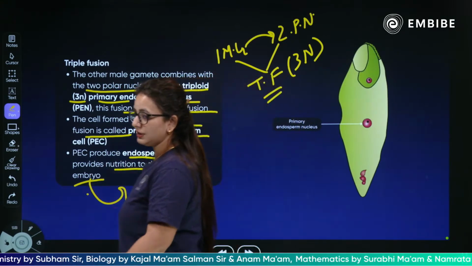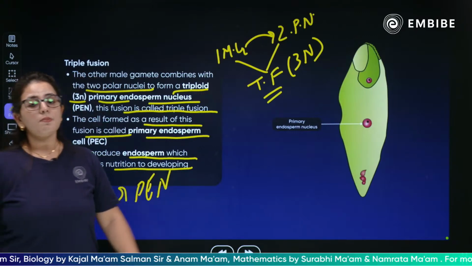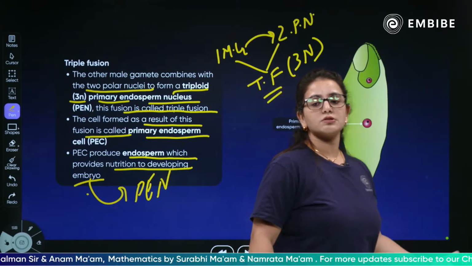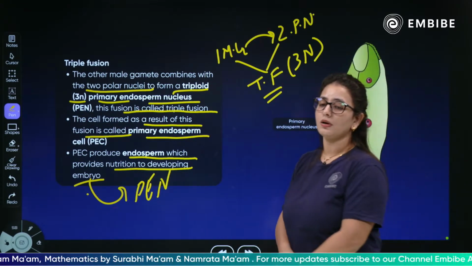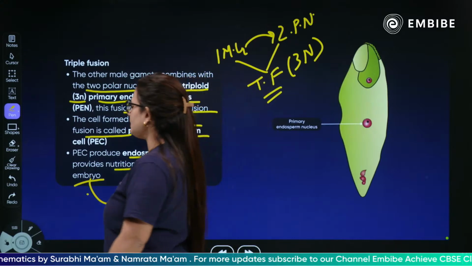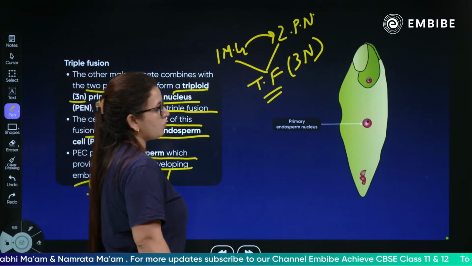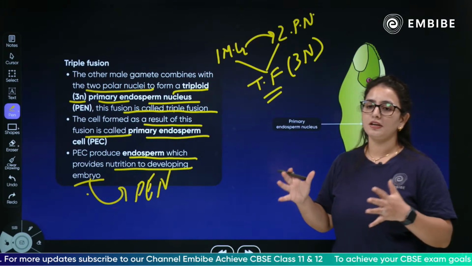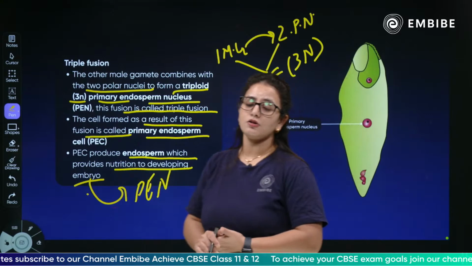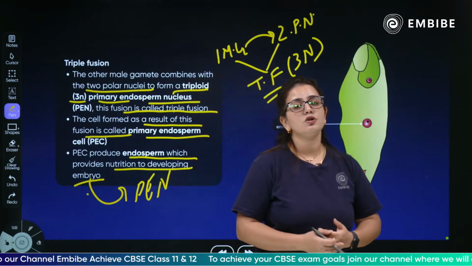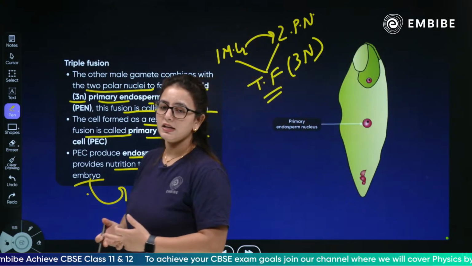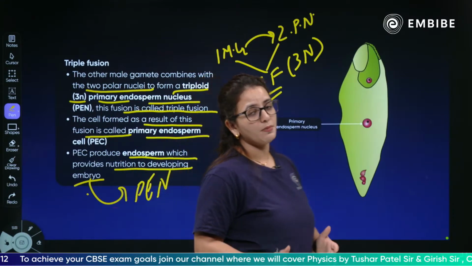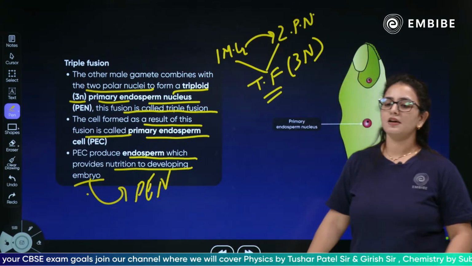The endosperm, formed by triple fusion, gives nourishment to the developing embryo. Clear, everyone? Triple fusion is the only method of creating the endosperm, which nourishes the embryo after the zygote is formed.